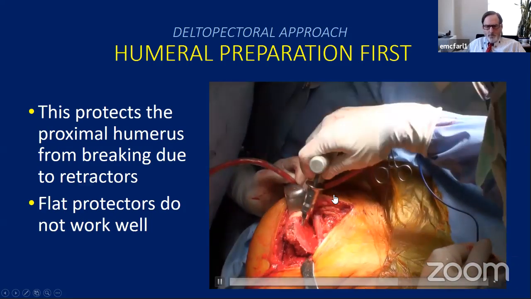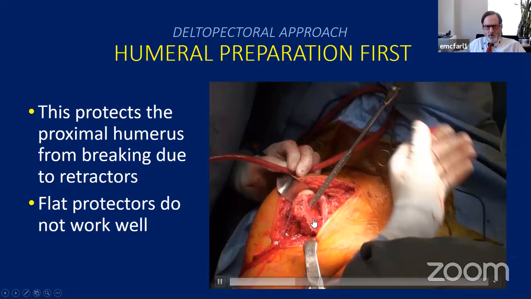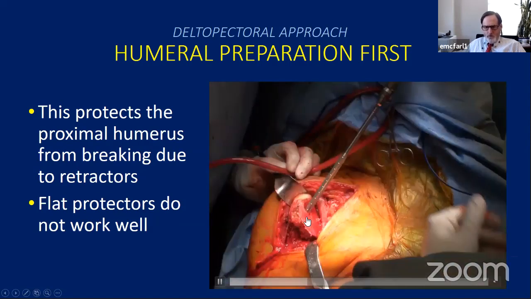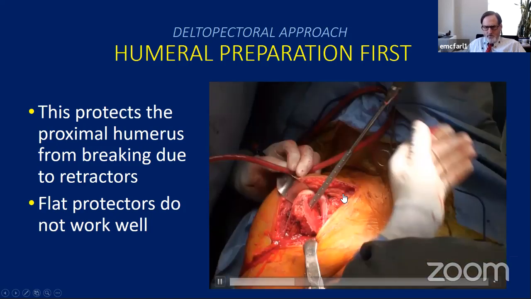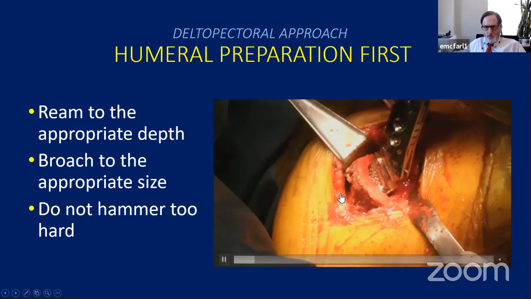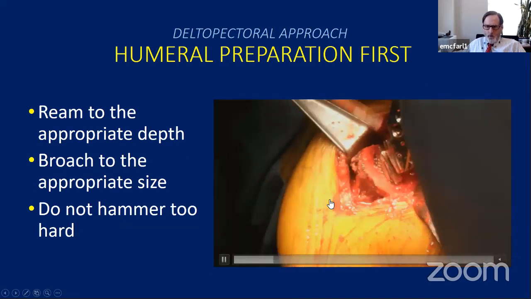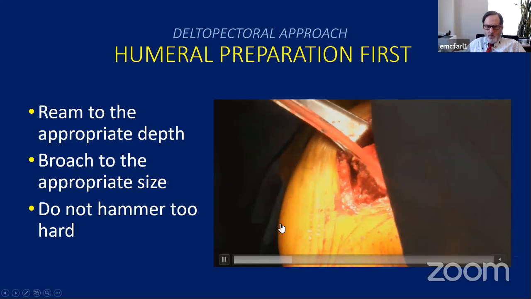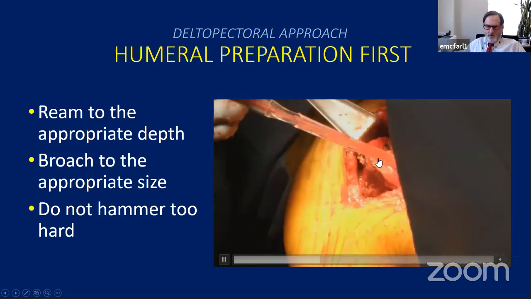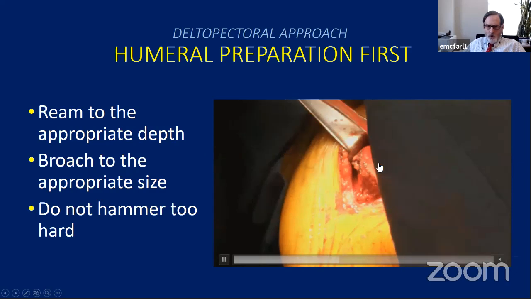And once I've done this, I don't usually put any other flat protectors or anything. Usually I use the implant itself. So you're going to ream and then you're going to broach proximally and put the broach in. Again, some people use some sort of flat surface here to protect the proximal humerus, but they tend to fall off all the time.